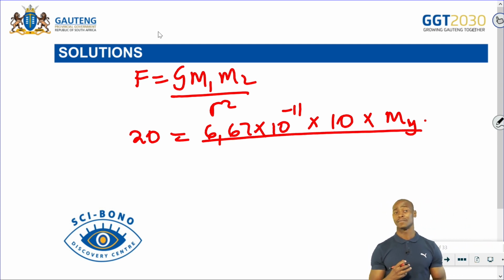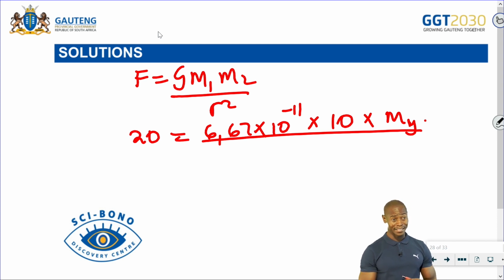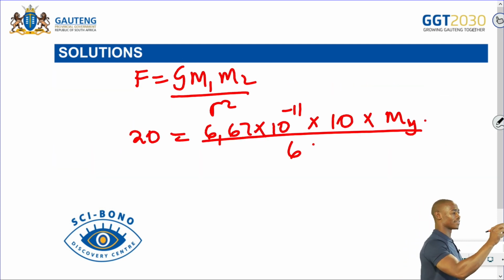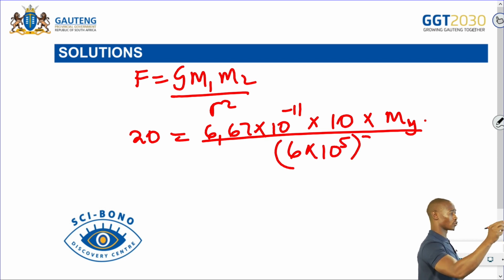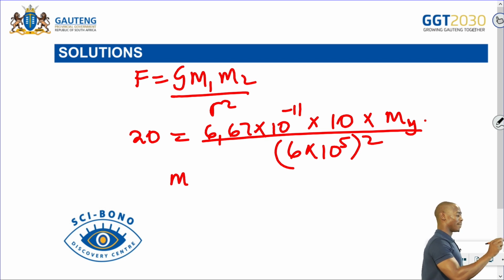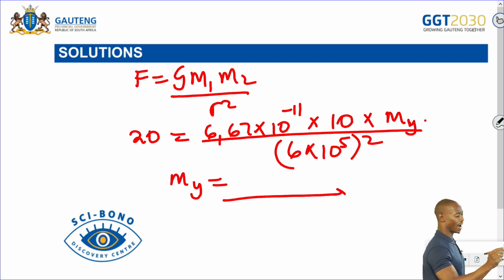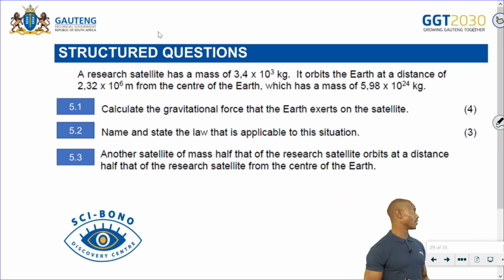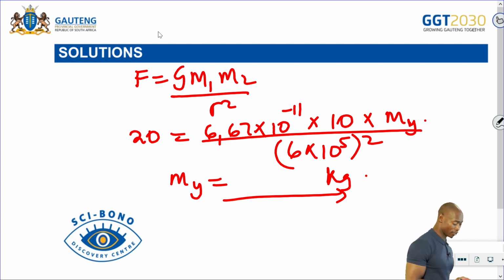Remember, this object is on the surface of that planet, so the distance is the radius of the planet, which is 6 times 10 to the power 5, all squared. Then we'll get the mass of planet Y in kilograms.